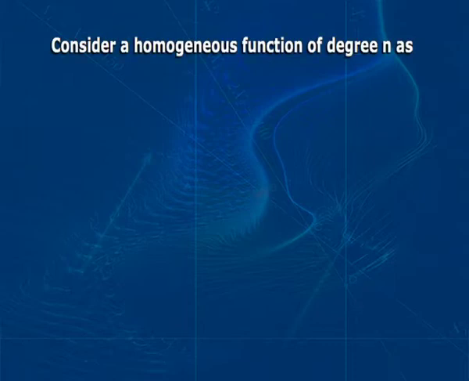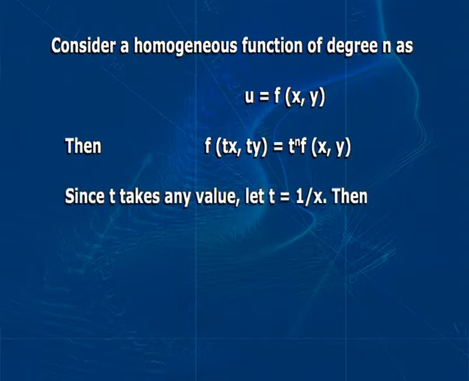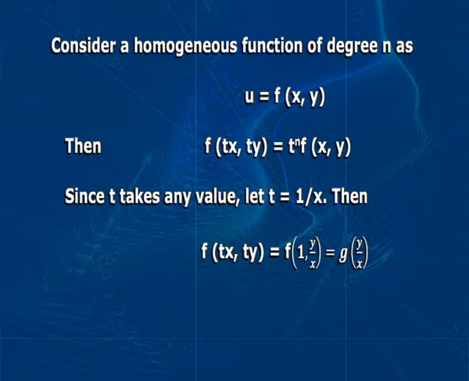Consider a homogeneous function of degree n as u = f(x, y). Then f(tx, ty) = t^n f(x, y). Since t takes any value, let t = 1/x. Then f(tx, ty) = f(1, y/x), which is equal to g(y/x).